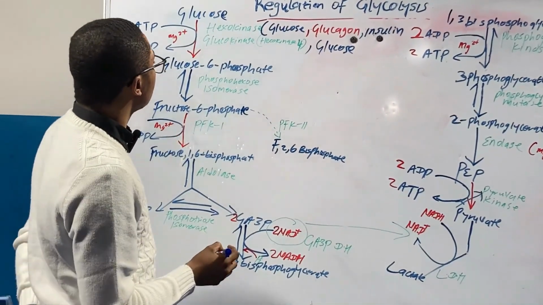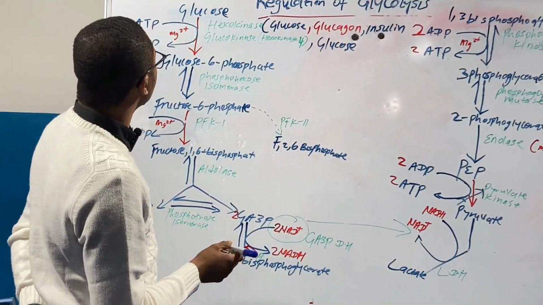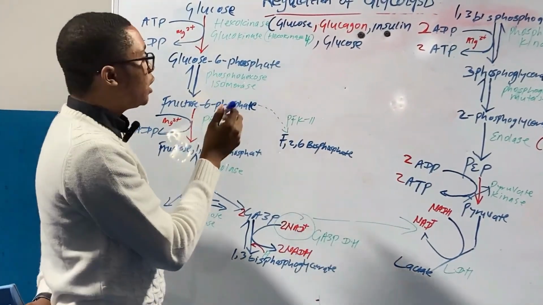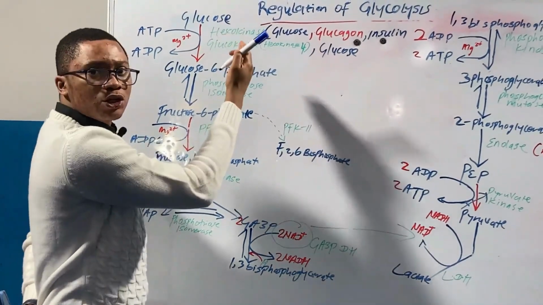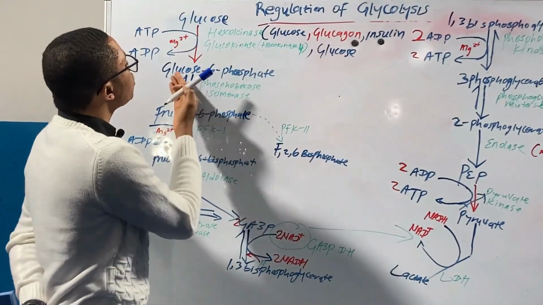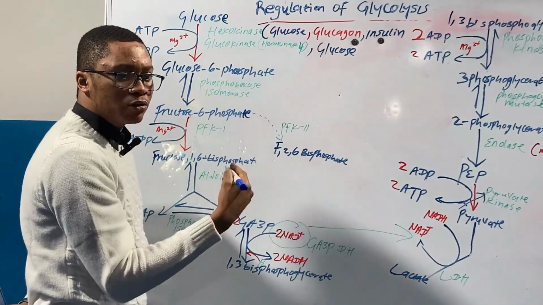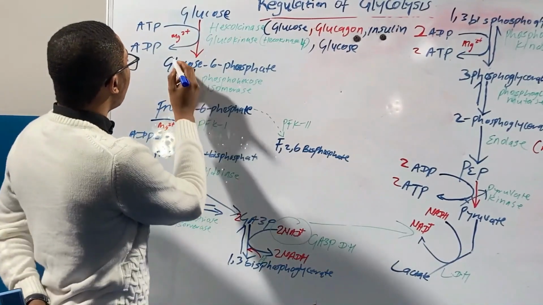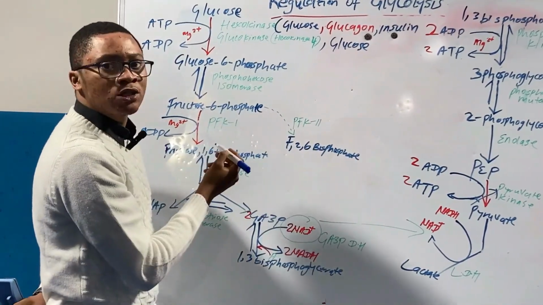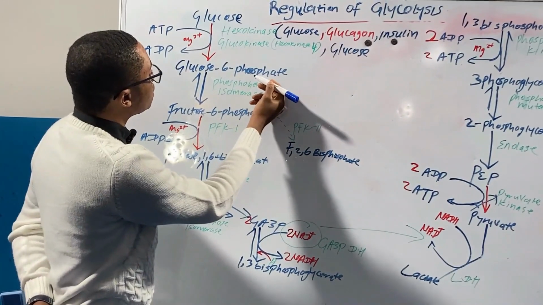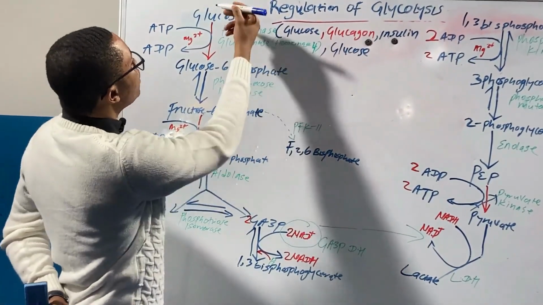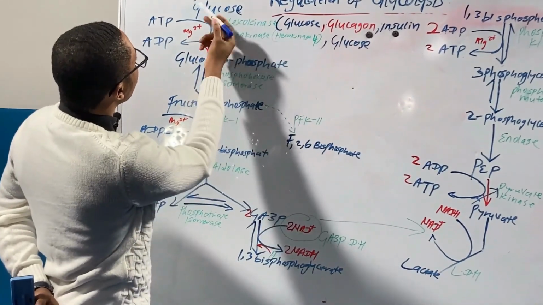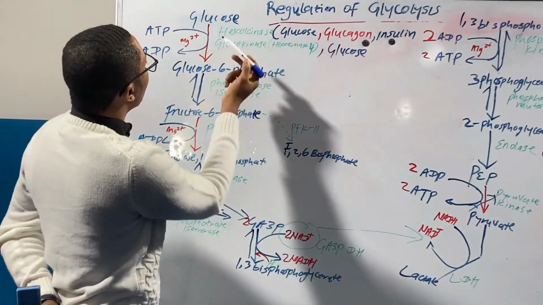One of the inhibitors of hexokinase is glucose phosphate. When a lot of glucose is being phosphorylated into glucose phosphate, a lot of glycolytic processes are happening in the cell, so there will be a lot of glucose phosphate. Glucose phosphate then acts as feedback inhibition, inhibiting this enzyme from phosphorylating glucose.